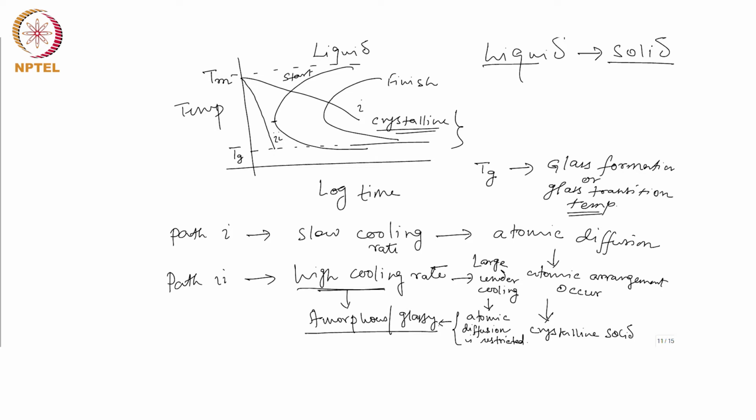So, that is how based upon the cooling rate and the consequent undercooling, the solid can either take up a crystalline structure or an amorphous structure. You can also have an intermediate cooling rate, which is between path 1 and path 2, for example, like this.